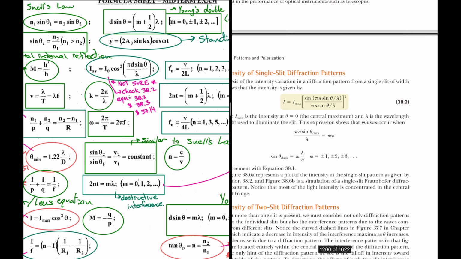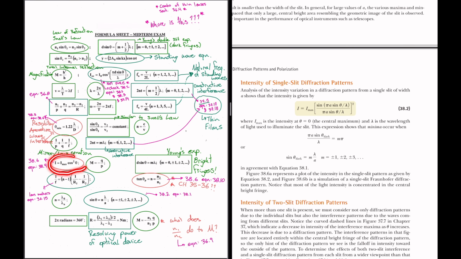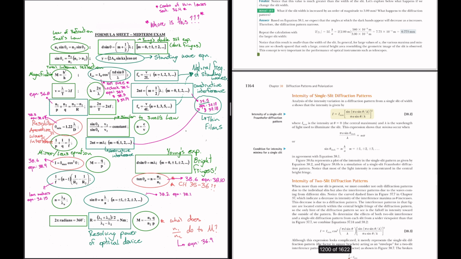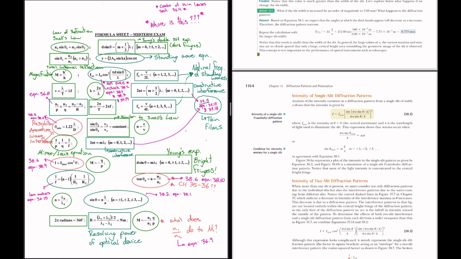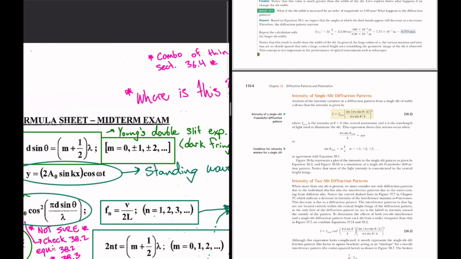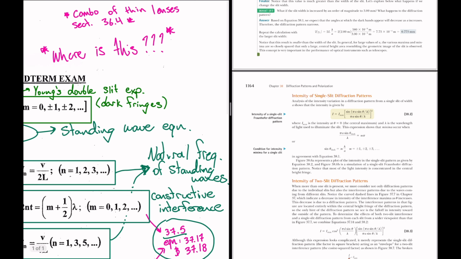So this is not the same equation as the one we saw here, and it is not the same equation as the one you see here, but it is pretty similar. It is an intensity equation specifically for the single slit diffraction pattern, and they call it the Fraunhofer diffraction pattern. So I'm just outlining that.